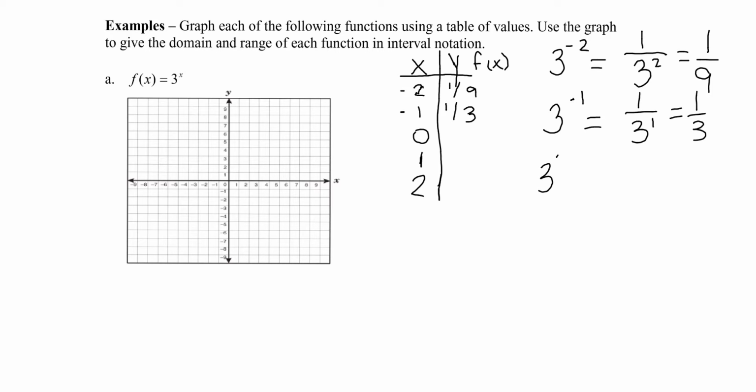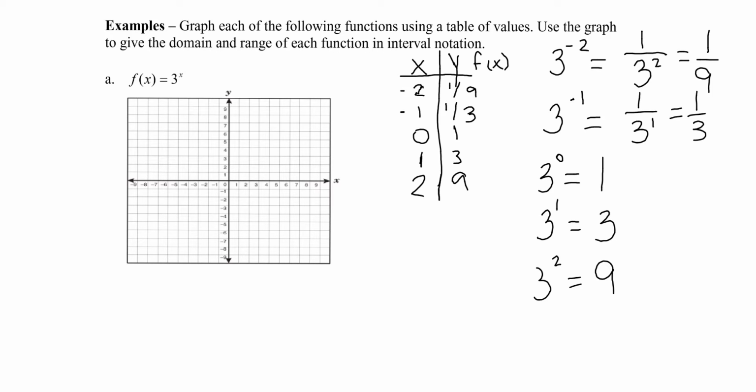Next, 3 to the 0 power equals 1. Then 3 to the first power equals 3. And our last one, 3 to the second power, is 3 times 3, or 9.